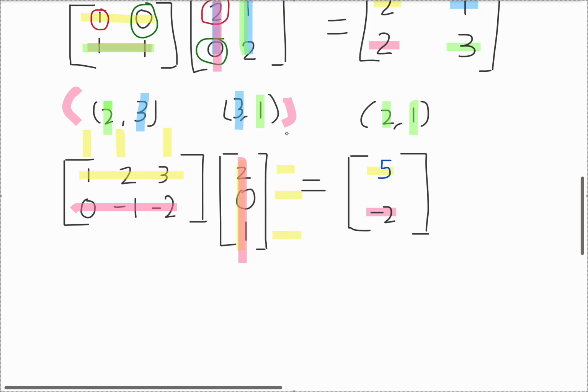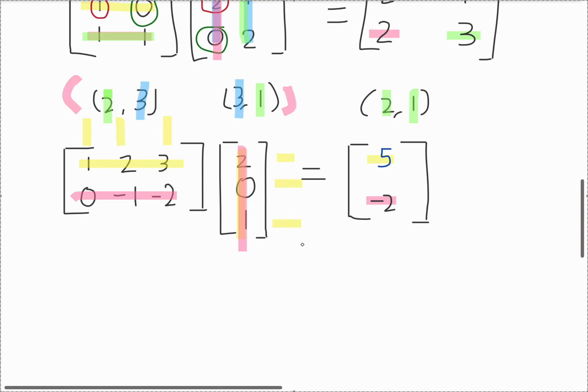So the two rules about matrix multiplication that you should remember are that the inner dimensions of the two matrices that you're multiplying should be equal, and the resulting matrix will have the outer dimensions of the two matrices.